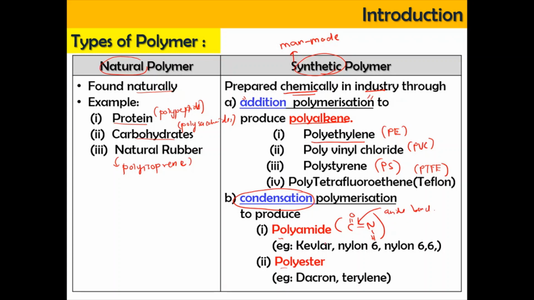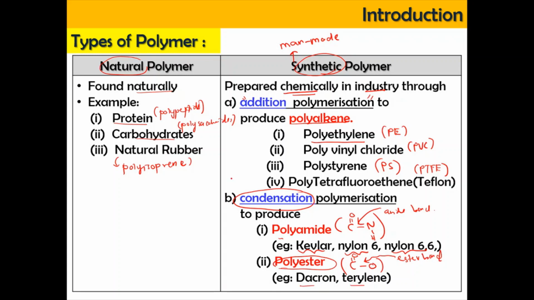So the examples here are Kevlar, nylon 6 or nylon 66. Next, we're going to have the polyester. So polyester means that it's going to have the ester class of compound, and it's going to have the ester bond. Okay, the examples here are going to be the Dacron and the Terylene.